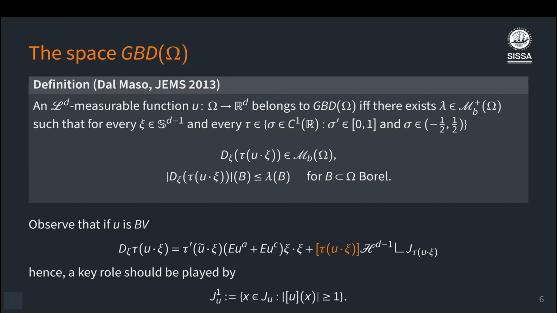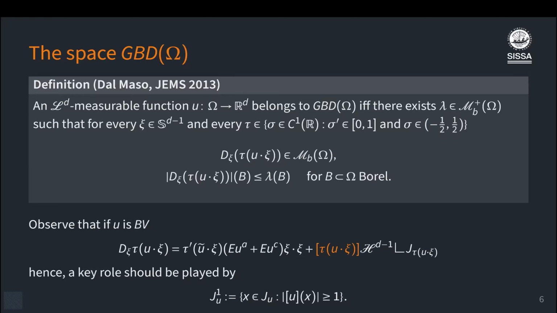But for instance, if my function is like this, the identity, and then it becomes constant, tau prime is going to be always equal to 1 and then 0. And so here, basically, I can think of having exactly Eu and E^c u.